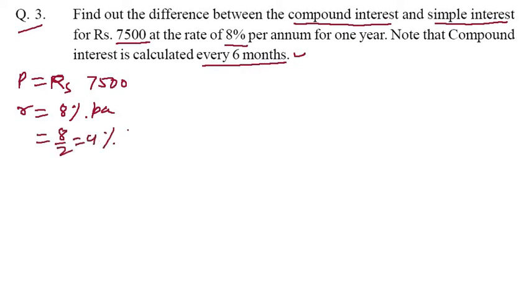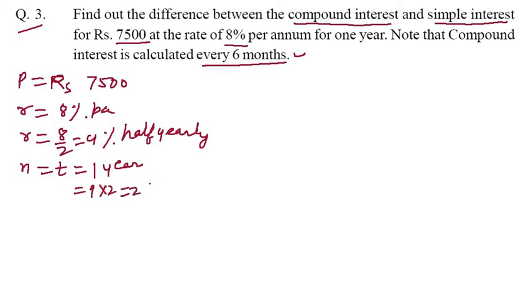It is equal to 4% half yearly. It is R, and the time n is equal to t is equal to how much? It is 1 year, but you can change it into half yearly. So 1 into 2, that is 2 half yearly. So that will be your n.